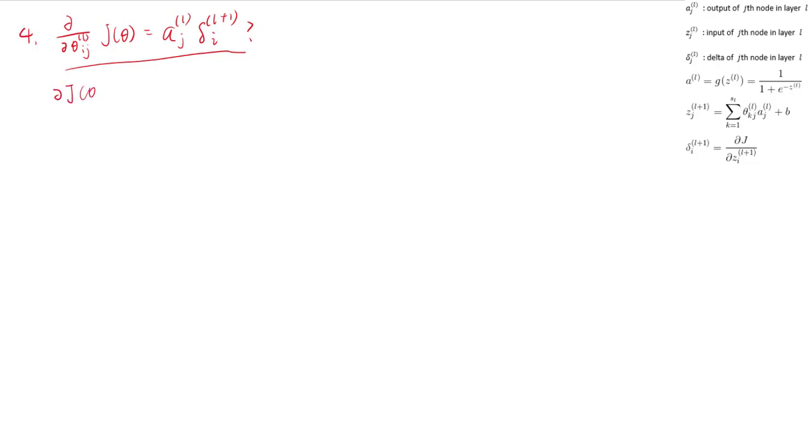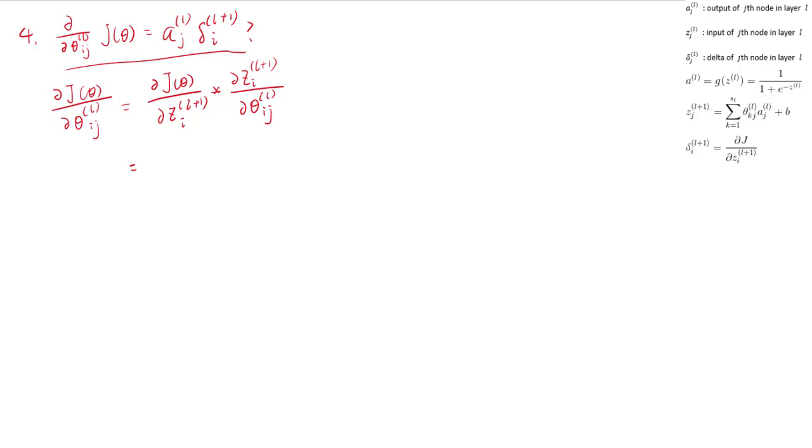Partial J over partial theta lij is equal to partial J over partial z i l plus 1, multiplied by partial z i l plus 1 over partial theta lij.